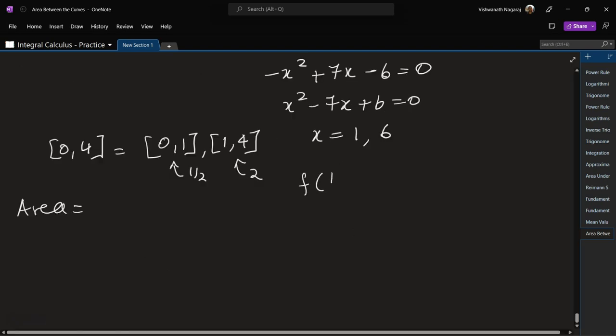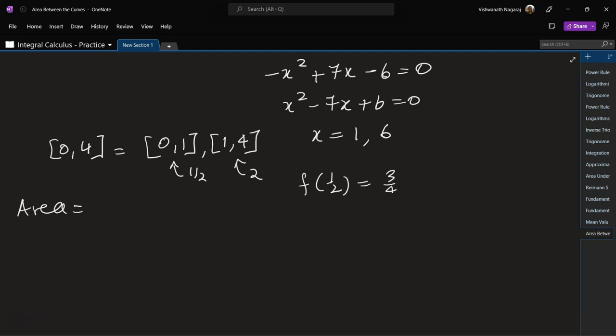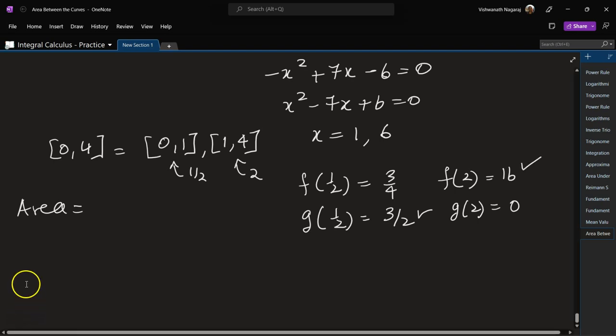F of half would be 3 by 4, and G of half would be 3 by 2. So G is greater in this interval. Similarly, F of 2 is equal to 16 and G of 2 is equal to 0. So F is greater.